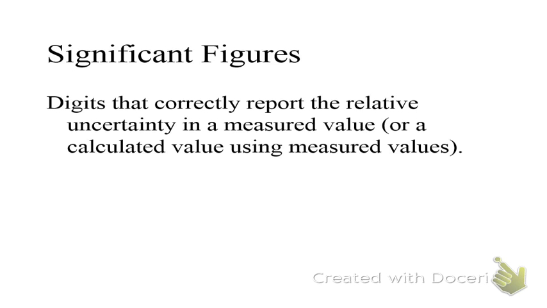Now this is a new slide. If you've had chemistry before, and an instructor that emphasized rounding to the correct number of significant figures, here's where you roll your eyes.